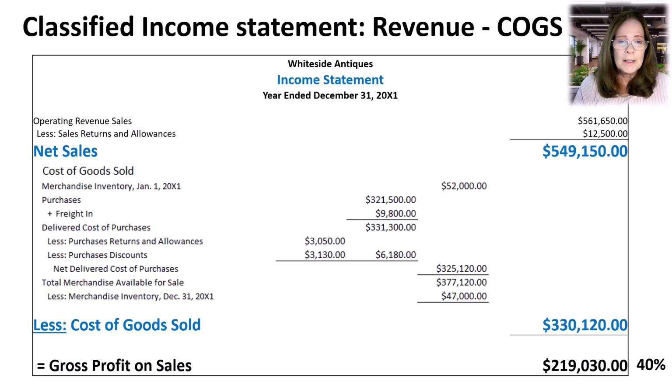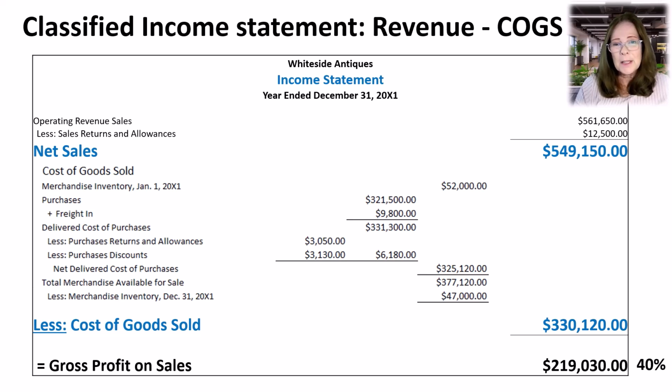A merchandising company would report as operating revenue the revenue it earns from selling merchandise. Just a side note, other income related to non-core or one-time events is shown separately near the bottom of the financial statement. Examples of other income include income from interest, rent, and gains resulting from the sale of fixed assets.